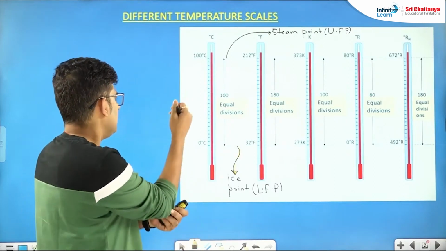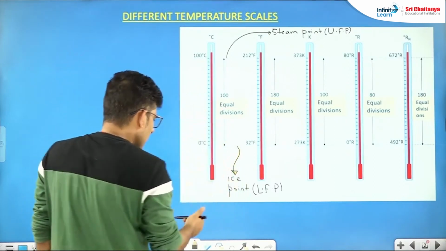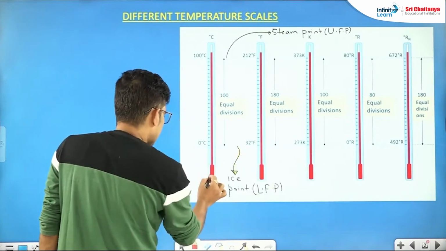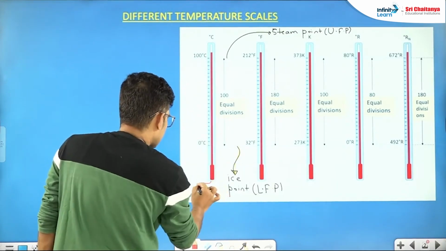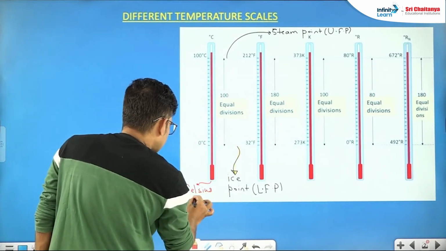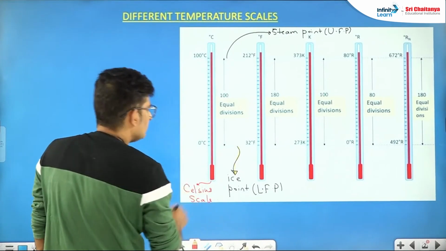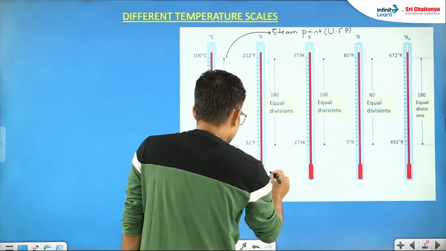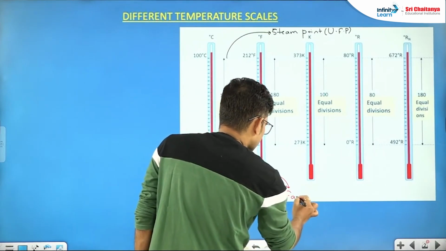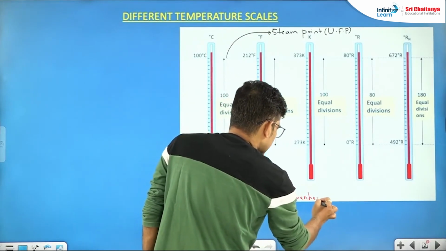Now what happens here, if you see the first one, this one is Celsius scale thermometer. Second one, if you see, this is Fahrenheit scale.